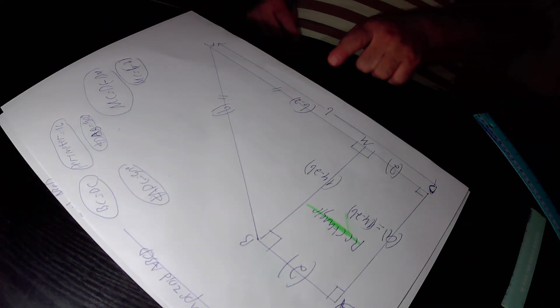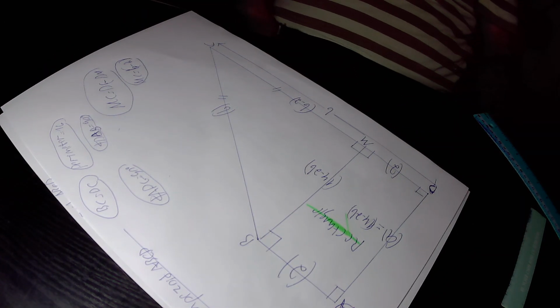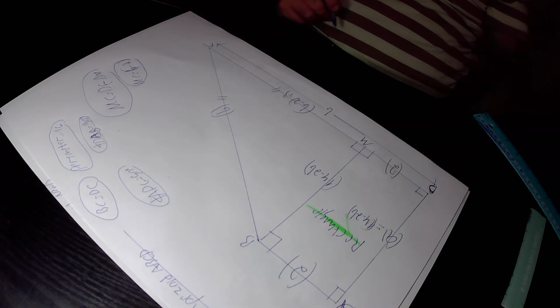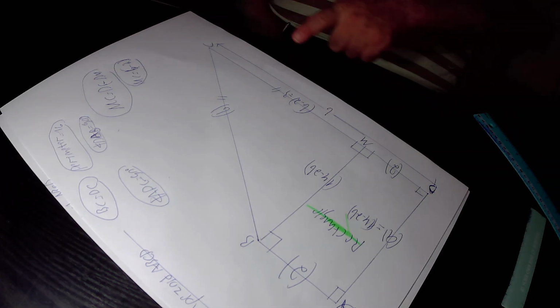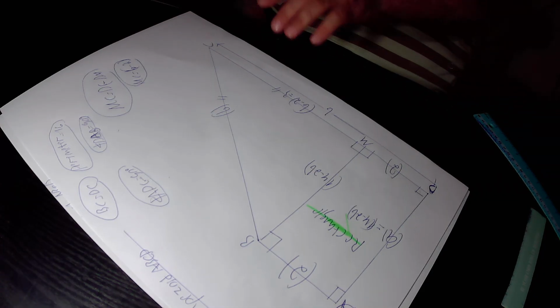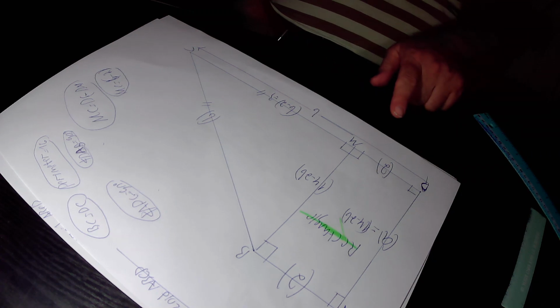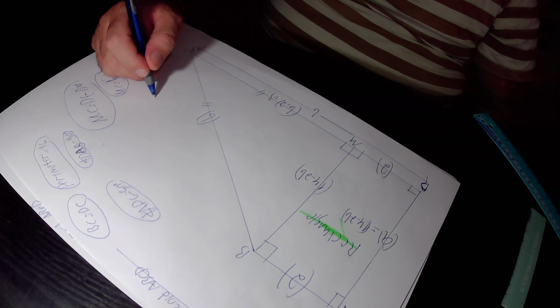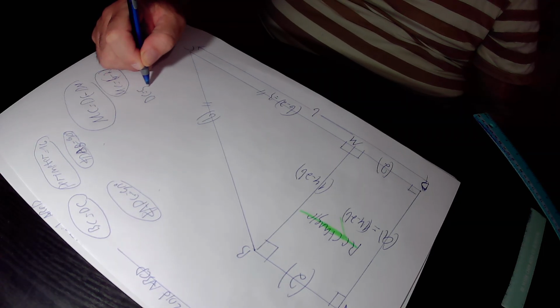MC equals b minus 2, b is 5, so b minus 2 is 5 minus 2, that is 3. So line segment MC equals 3 units. And what is the length of DC? DC in total equals 2 plus 3, that is 5. So DC equals 5 units in length.